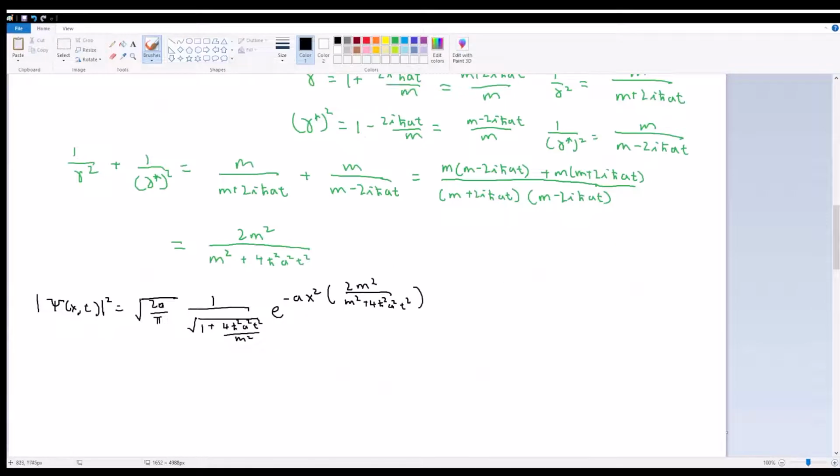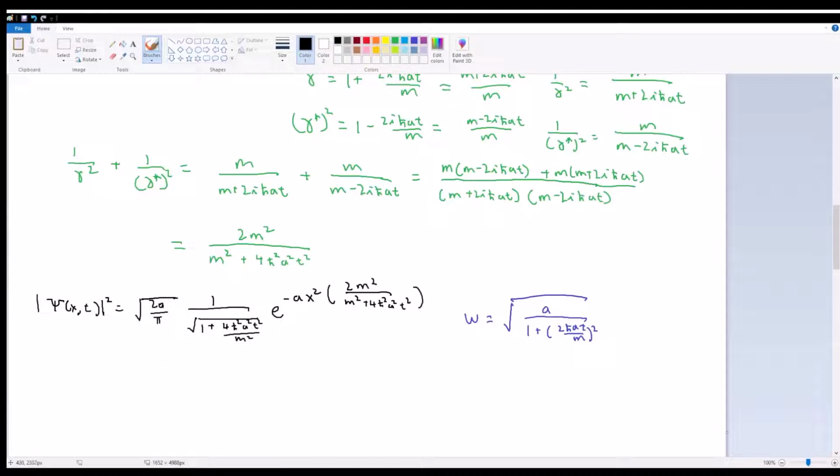So if we do that, let's introduce this new variable, omega, which equals the square root of a over 1 plus 2 h bar at over m squared. And we can massage this a little bit.